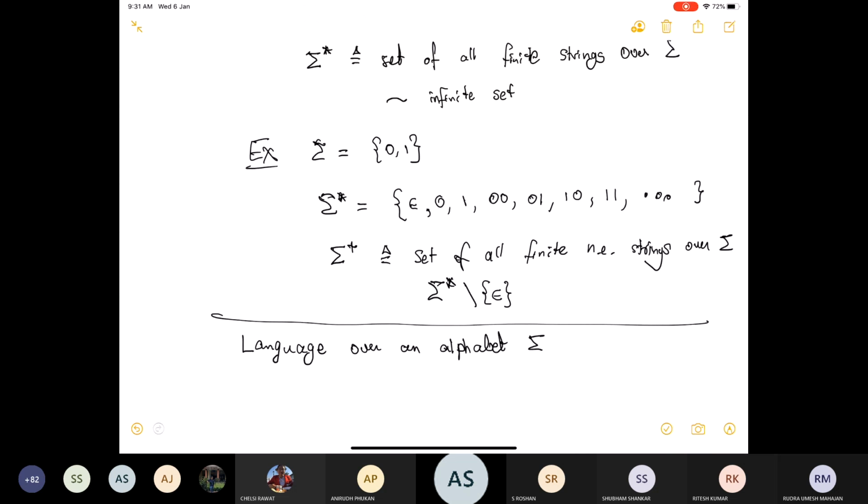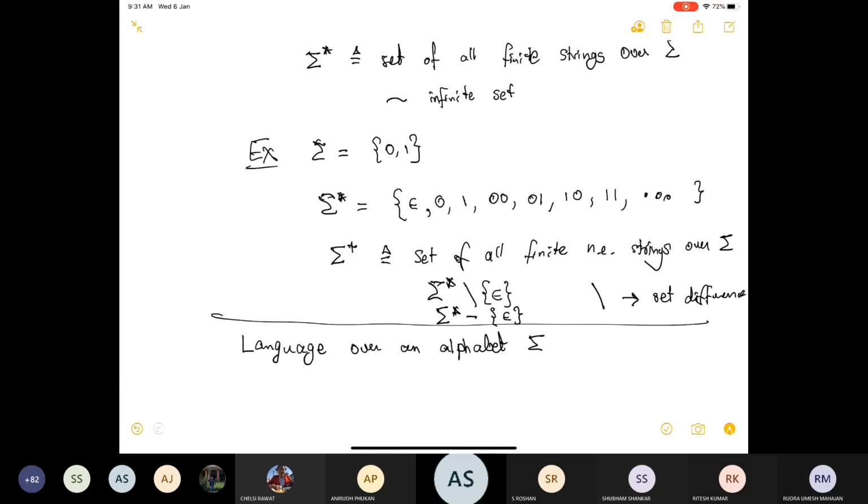What is the symbol written after this one? Set difference. Some people write it as sigma star minus the singleton, so this notation is also used.